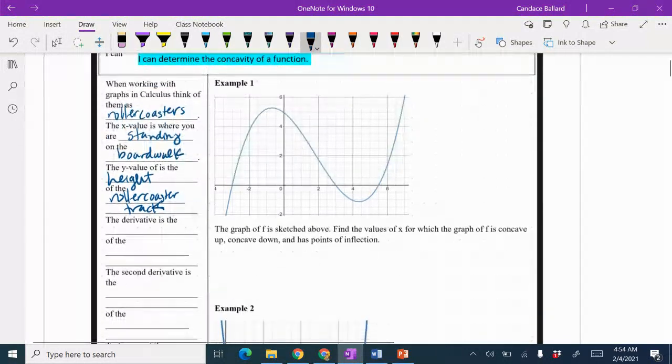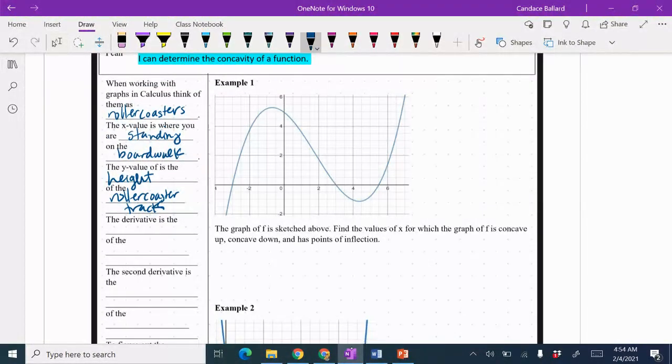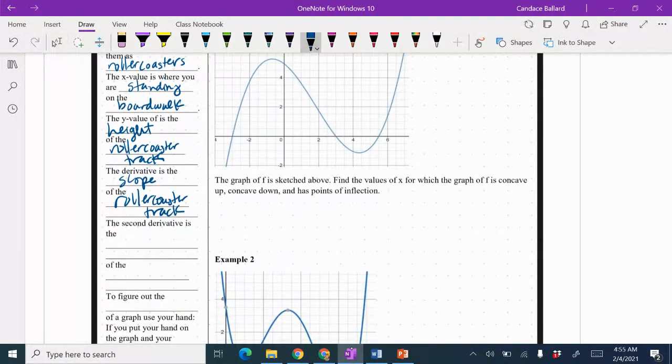The derivative is the slope of the roller coaster track, and the second derivative is the concavity, or the curvature, of the roller coaster track.